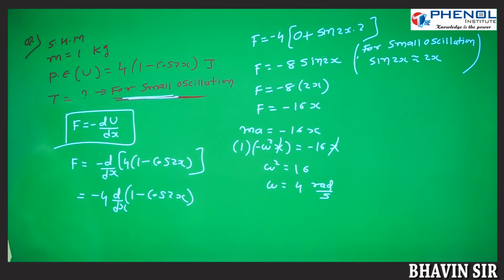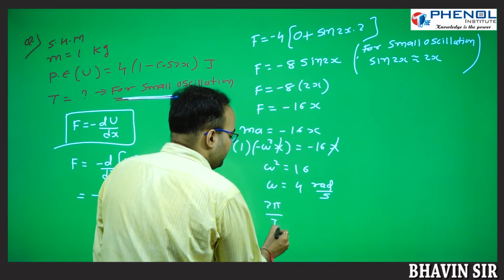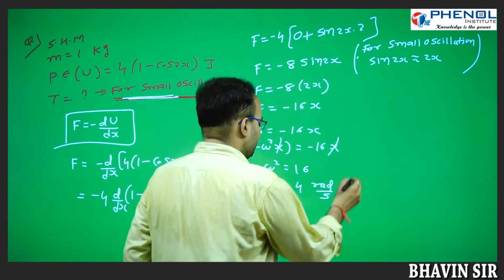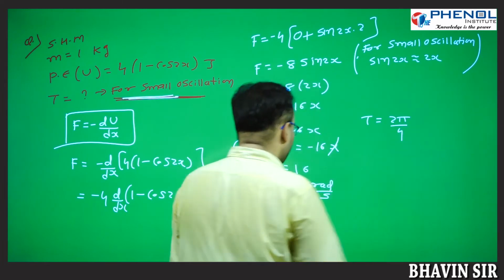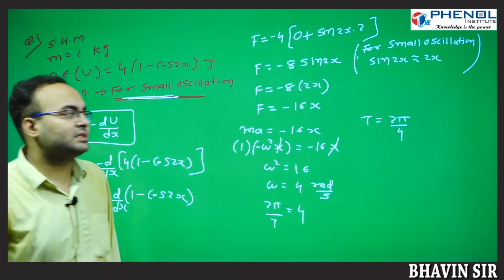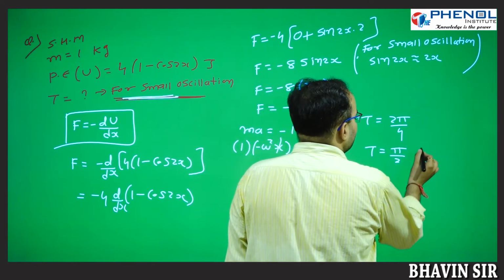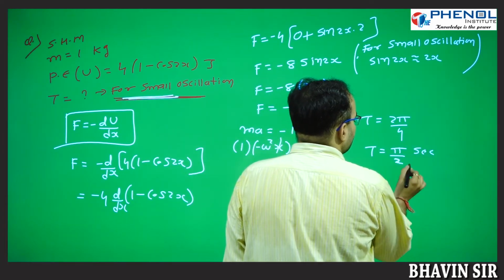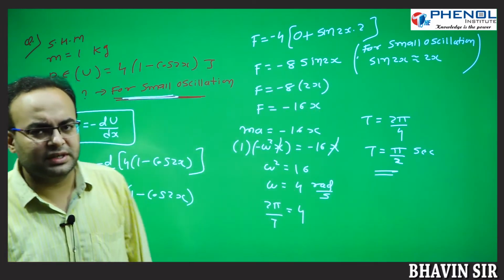Now we want to find time period, so 2 pi by T, so T is equal to 2 pi by 4. So what is the time period? Time period is pi by 2 second. Okay, so done.